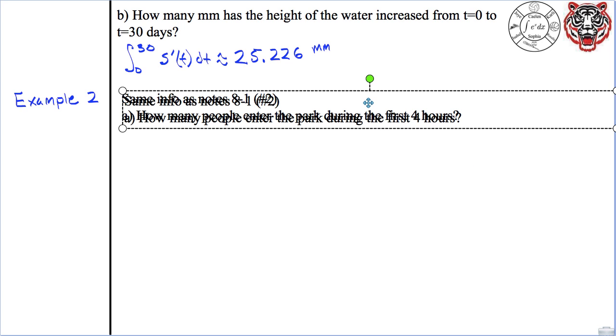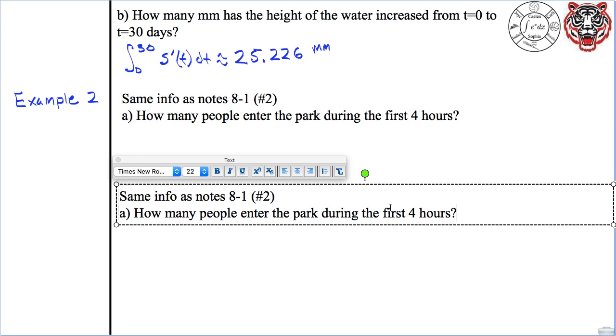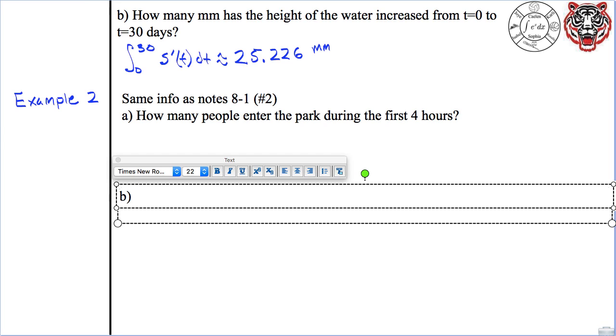And if you want to set up the next question, how many people leave the park during the first 4 hours?